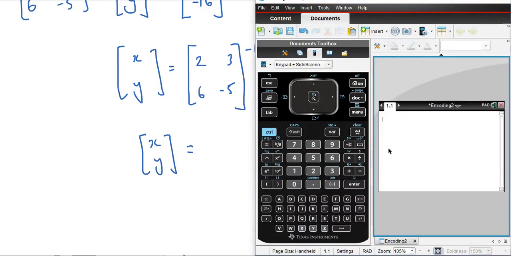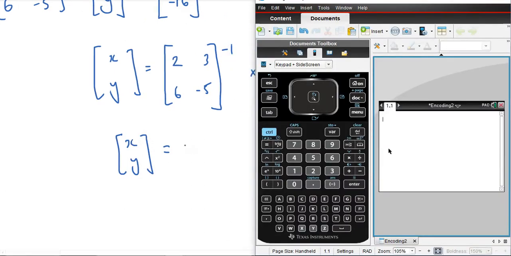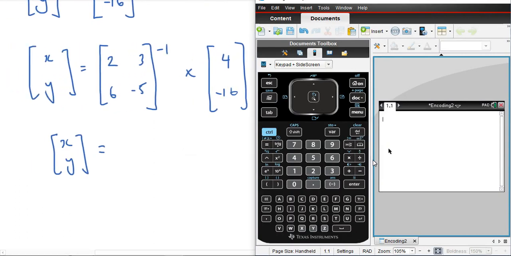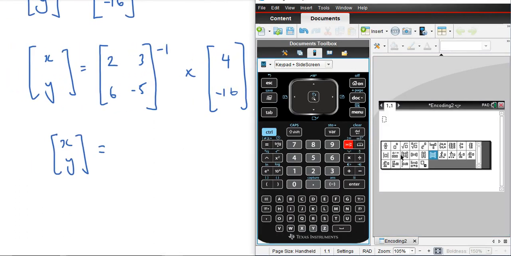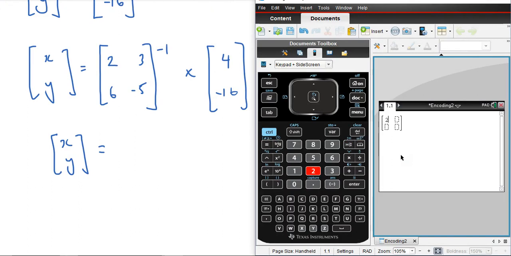Okay, so let's put it in our CAS. So you've got 2, 3, 6, -5 to the power of -1. You can use this power of button, and -1. So that makes it inverse, multiplied by. Make sure you put your cursor to the right, otherwise it's going to stuff it up.